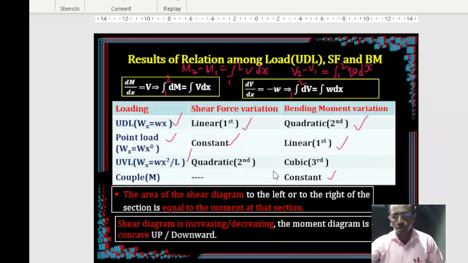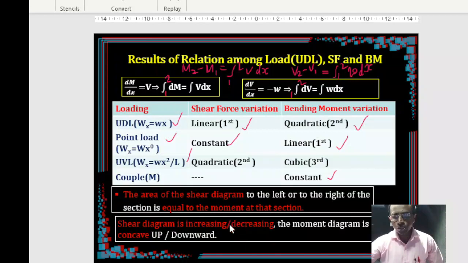You may not draw the exact coordinates, which we have to do by finding the areas of the loading diagram as well as the shear force diagram, but as far as the shape is concerned, we can straight away sketch it approximately. This point I have already told: the area of the shear diagram will give the bending moment at a particular section.